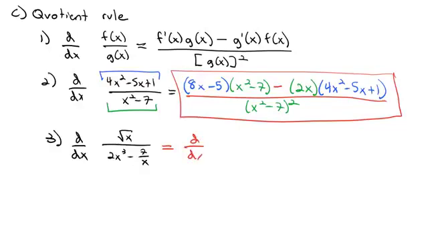So we're going to actually find the derivative. Square root is really just a 1/2 power over 2x cubed minus 7x to the negative 1, which is what moved that x into the denominator. Now we have a clear numerator and denominator to use in our formula.